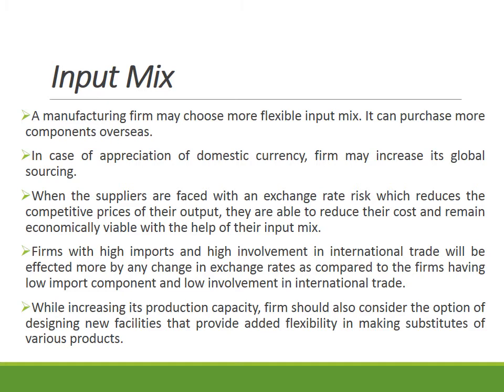In case of appreciation of domestic currency, the firm may increase its global sourcing. When suppliers are faced with an exchange rate risk which reduces the competitiveness of their output, they are able to reduce their cost and remain economically viable with the help of their input mix.